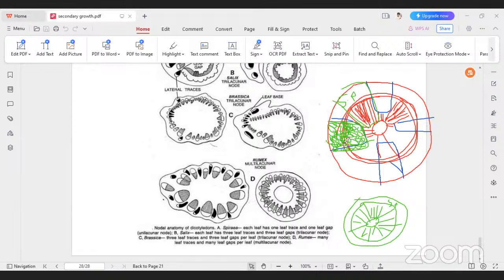But second one, abnormal cambium with abnormal activity. So the abnormal cambium generally originates in the cortex or pericycle. Actually, the cambium ring generally originates in where?